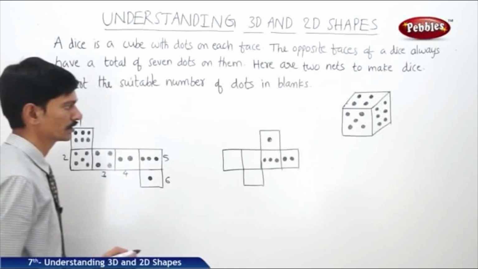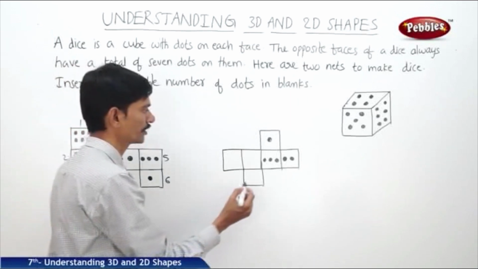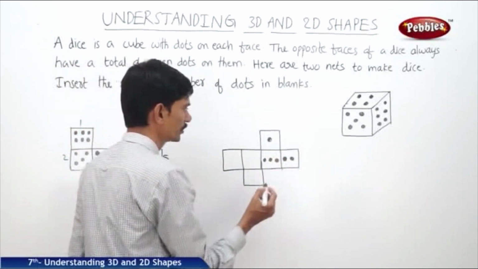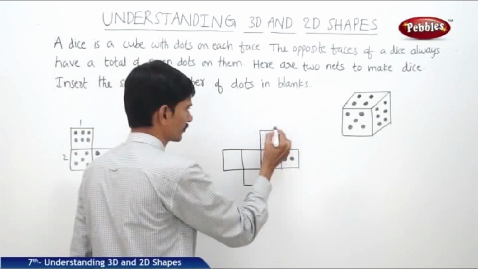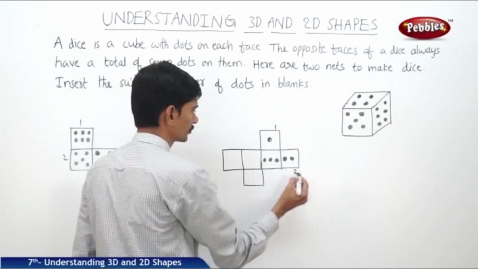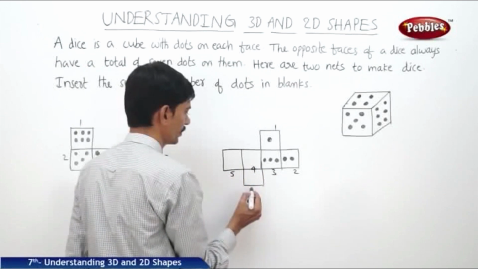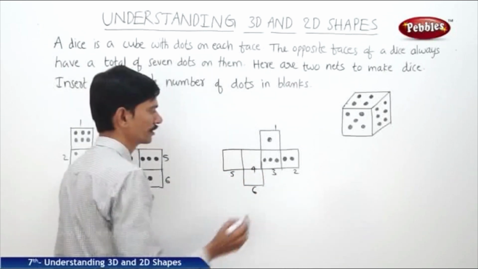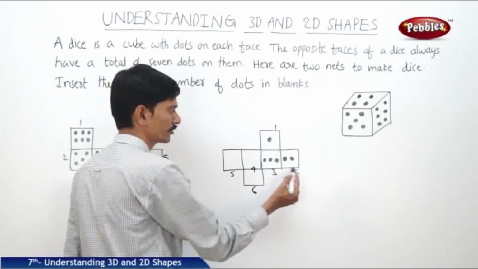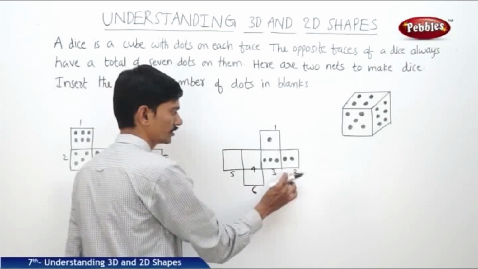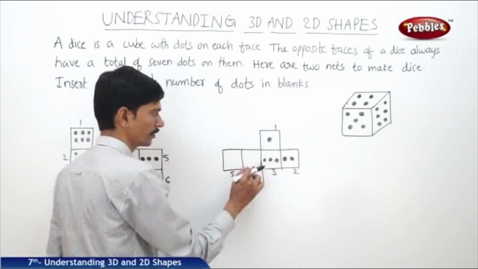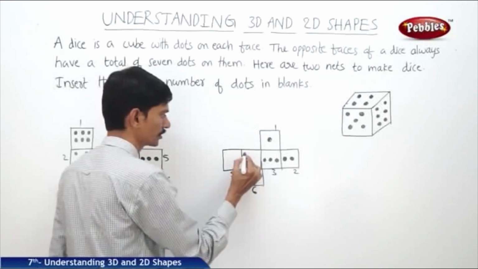Now if you take the second net of a dice, here also we will give the numbers 1, 2, 3, 4, 5 and 6. And here faces 2 and 4 are the opposite faces. As face 2 has 2 dots, face 4 will have 5 dots on it.